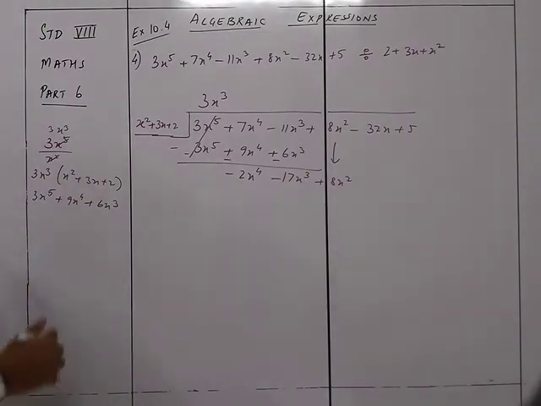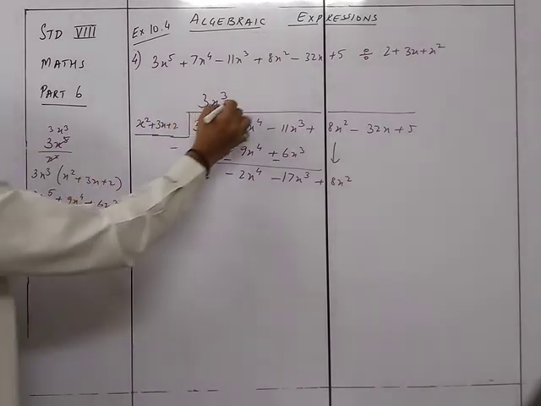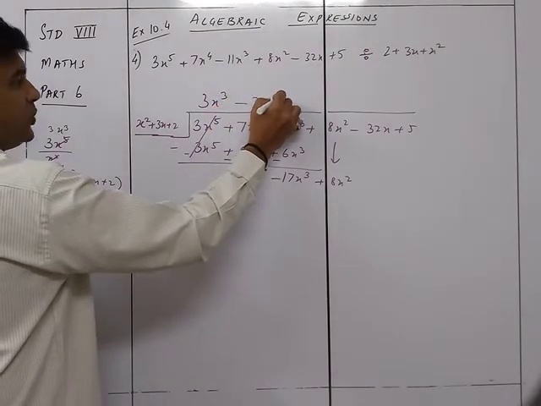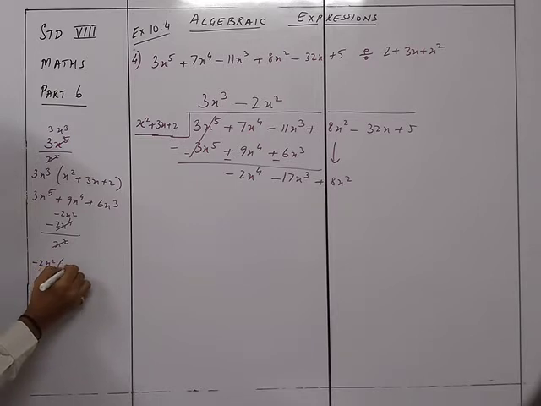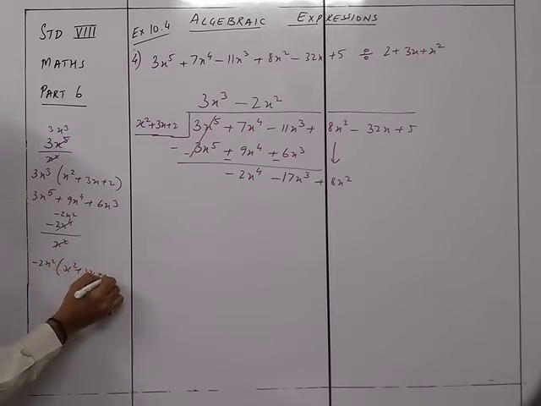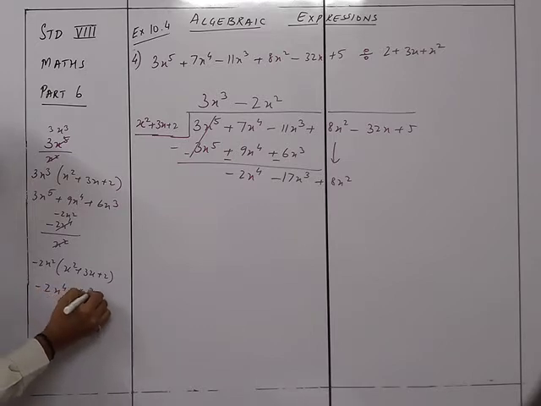Same thing again. You are going to take the first one, that is minus 2x raised to 4 upon x square. So this will give you minus 2x square. So this you put over here minus 2x square. Now we multiply minus 2x square with x square plus 3x plus 2. So you get the answer as minus 2x raised to 4 minus 6x raised to 3 minus 4x raised to 2.